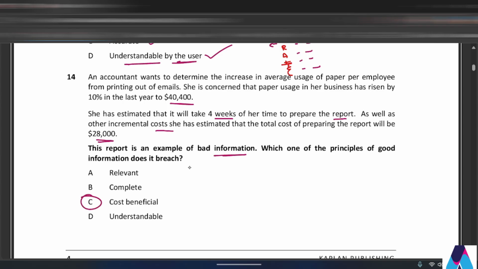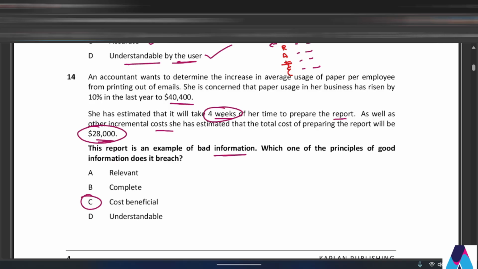It's simple, because you see that the cost to benefit is totally outweighed. The cost is $28,000, right? And it's going to take her 4 weeks to prepare this report, right? And the benefit is not that much. Because they're saying that she is concerned that the paper usage in her business has risen by 10% in the last year to 40,400.